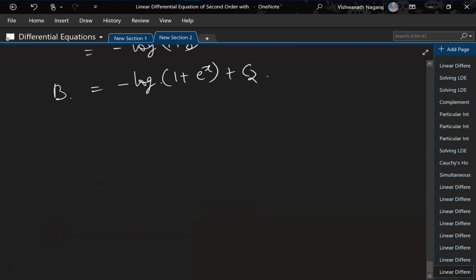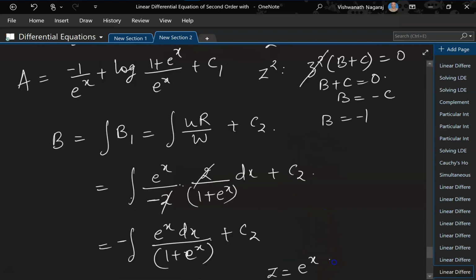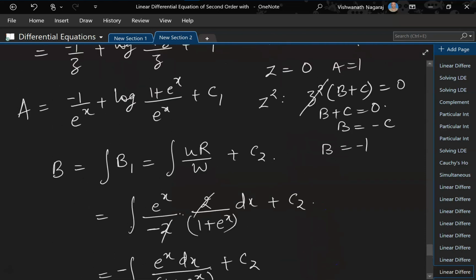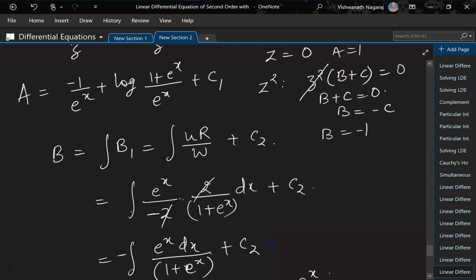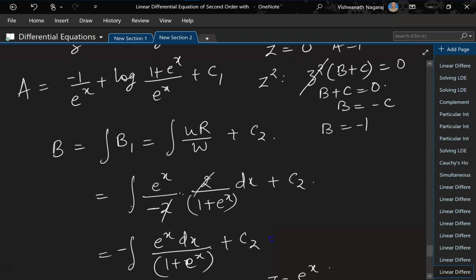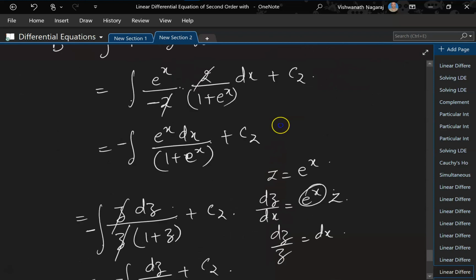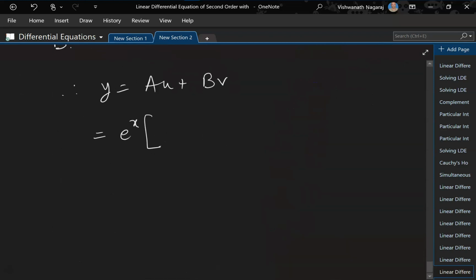This is okay. Now remember, we started off by assuming y is equal to au plus bv. So now let's do the substitution. U is e to the power of x. Now a is, if we go back, minus 1 by, or what we can do is we can say minus e to the power of minus x.